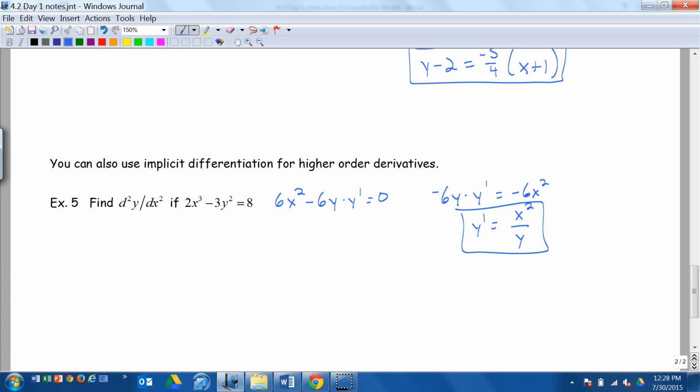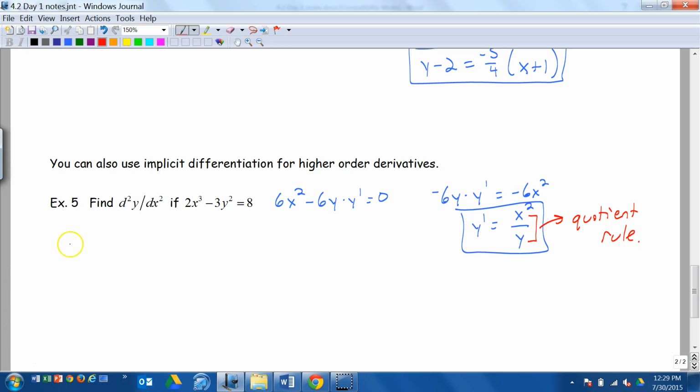Now we need to take the derivative of this. Well, you guys should know what rule we have to use here. The way it's set up, this would be a quotient rule. Or you can move it up and make it y to the negative first, and do a product rule. But I'm going to use quotient rule here.